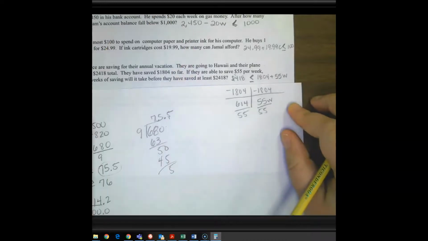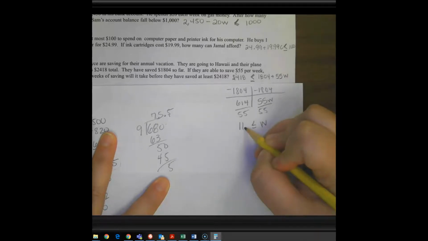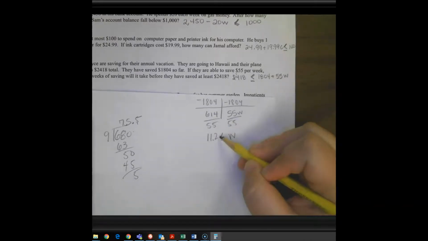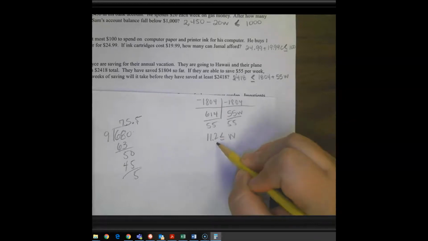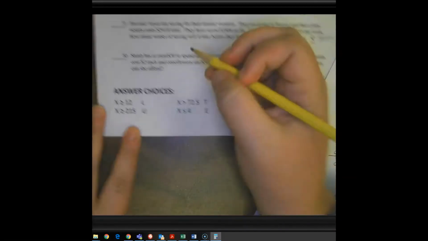So I'm going to do 614 divided by 55 to get 11.2. I'll look at my answer choices. If I think about this, I need my weeks to be more than 11.2. If I go down to 11, I'm going to be just a little bit short. So I have to go up to 12, and that's going to match my answer choice of L.